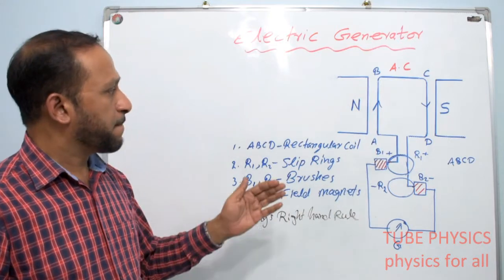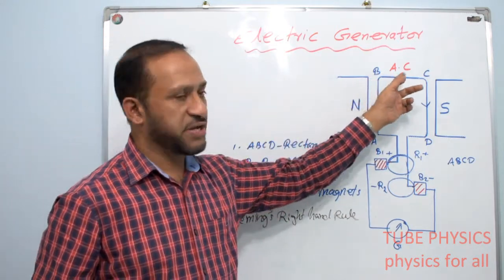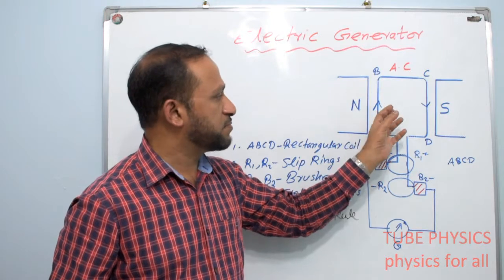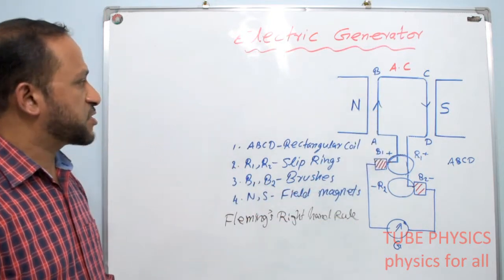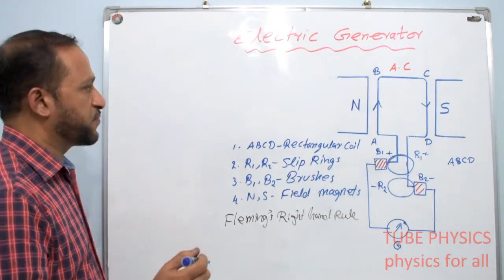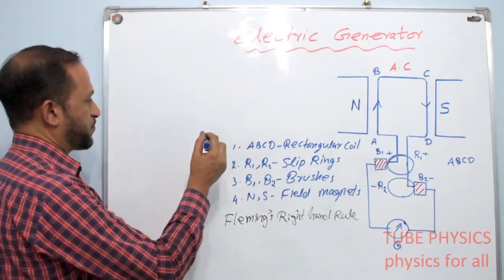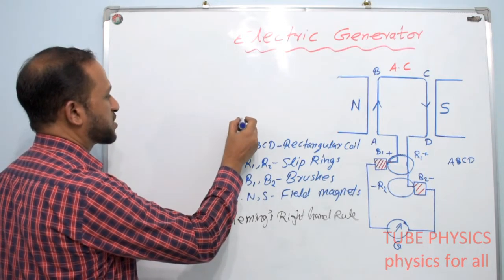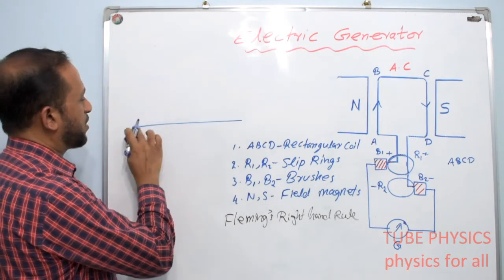Now we can see how this current is alternating current, how the current produced becomes alternating current. We can explain that by using a graph and a small equation. I am using this graph.